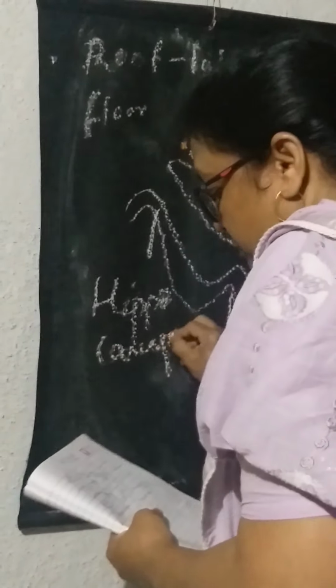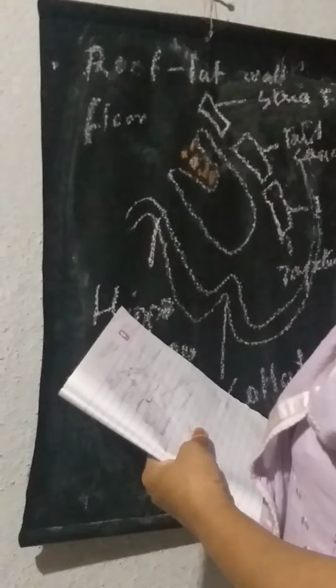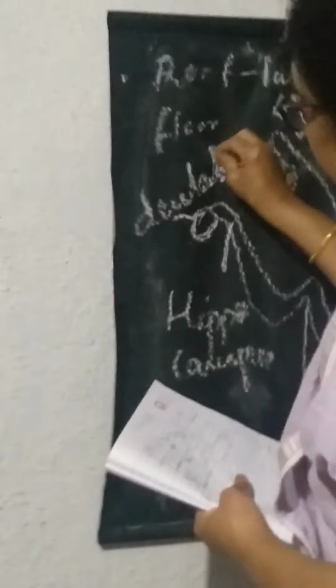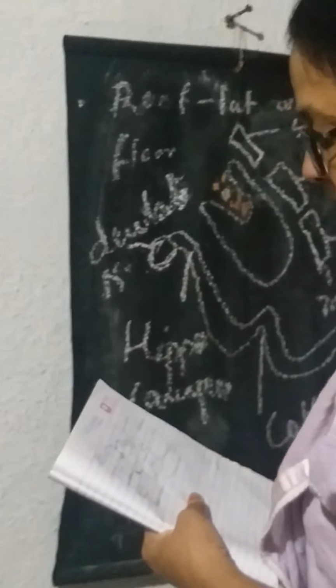Then this portion over here is the dentate nucleus, and this is the choroid plexus.